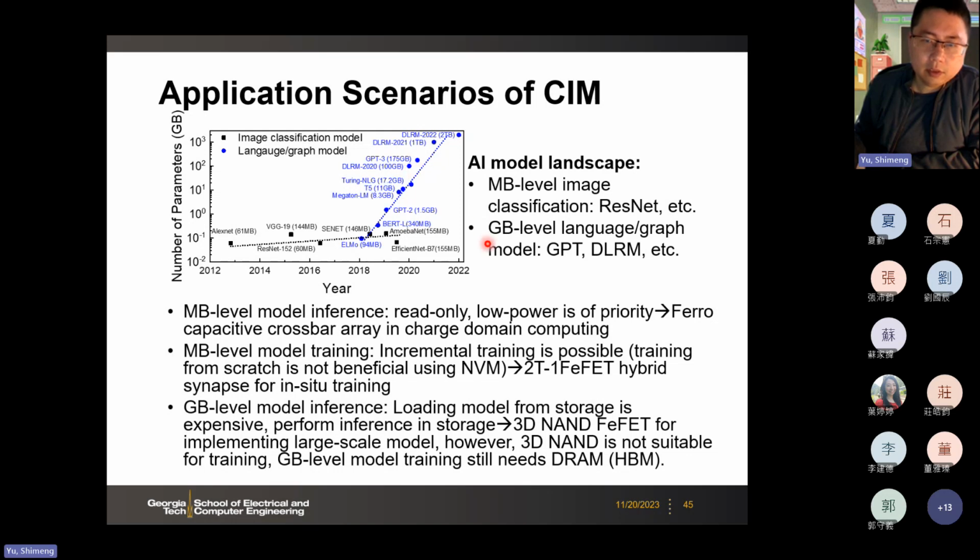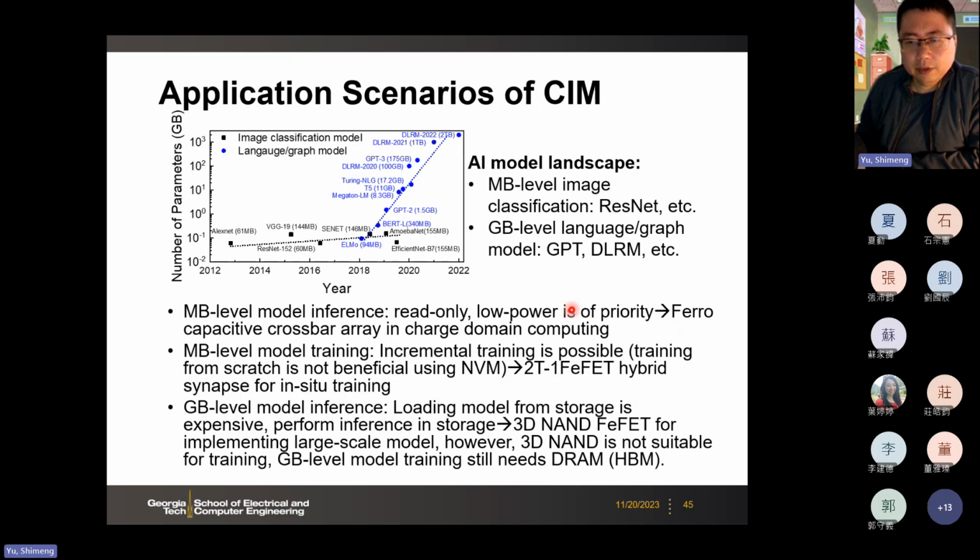And then we think we have to use different technology platforms to accelerate these different applications. Let's say for image classification, at the megabyte level, for inference we can use the ferro to do the inference because, as you showed earlier, GlobalFoundries already demonstrated a 32 megabit FeFET array.